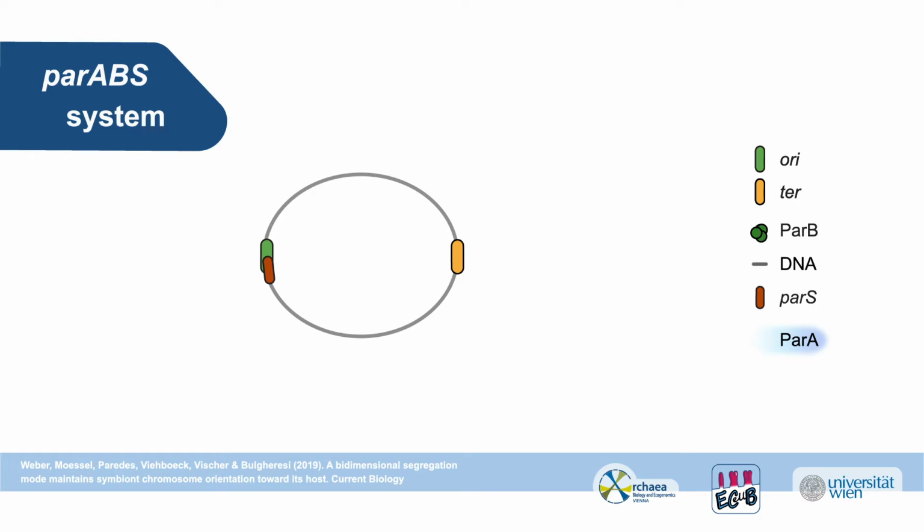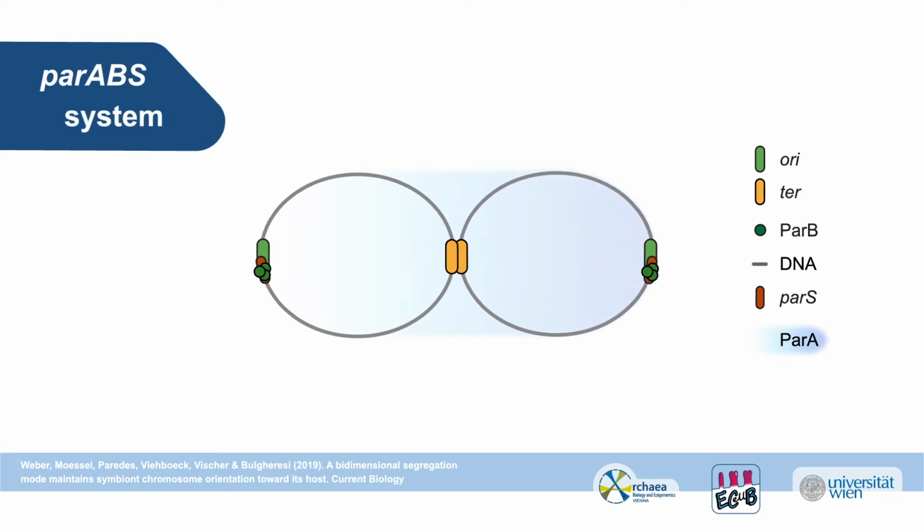In short, this is how it works. ParB binds specifically to parS, and DNA-bound ParB interacts with ParA, which is bound nonspecifically all along the chromosome, and relocates by this interaction, presumably via a diffusion ratchet type mechanism, the emerging sister chromosomes to opposite cell halves before division.